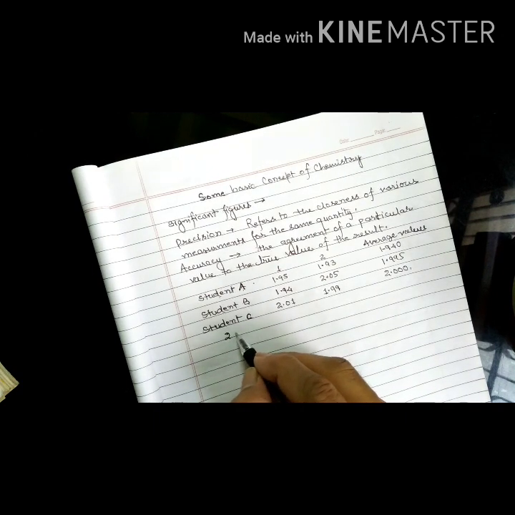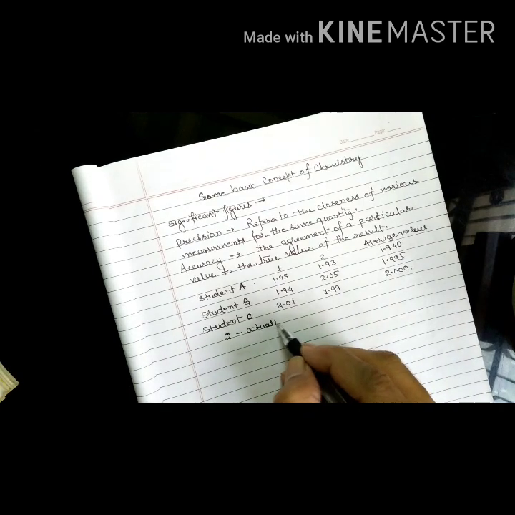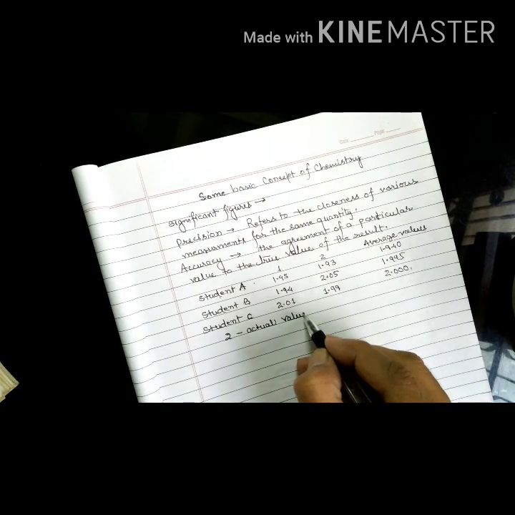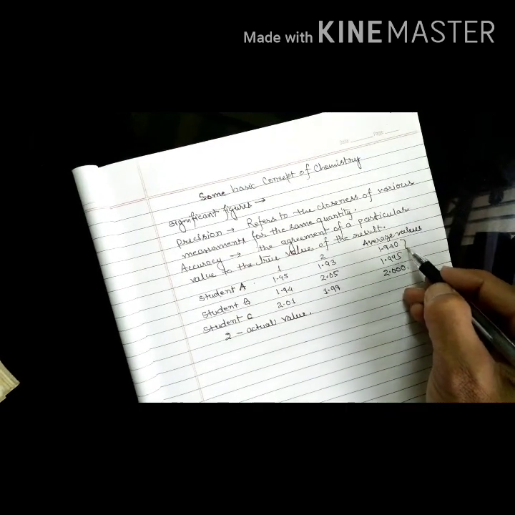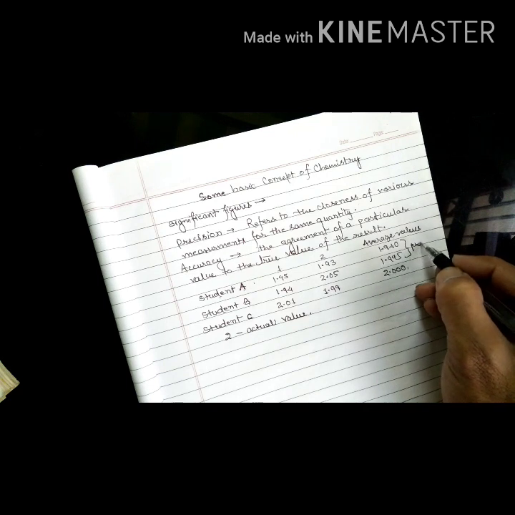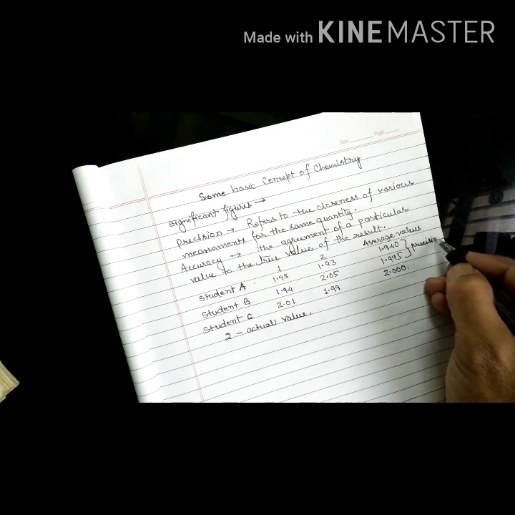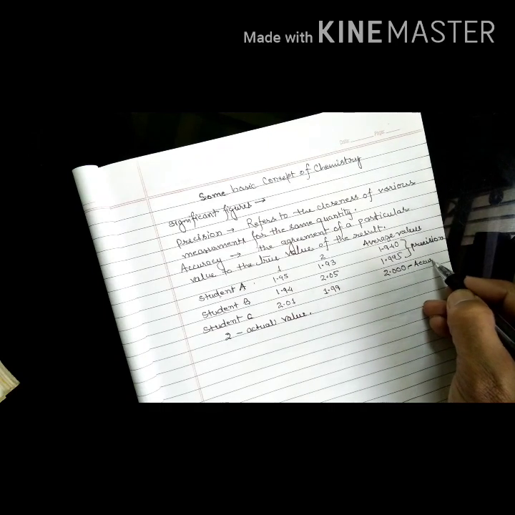So we can say, suppose actually the value is 2, the actual value. So A and B, they are precise while C is accurate.